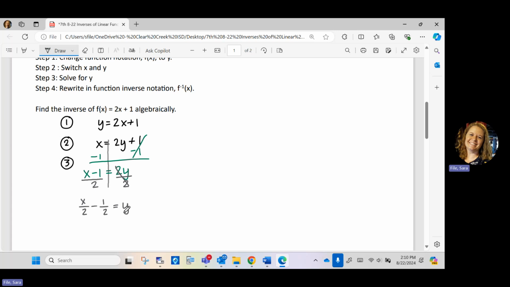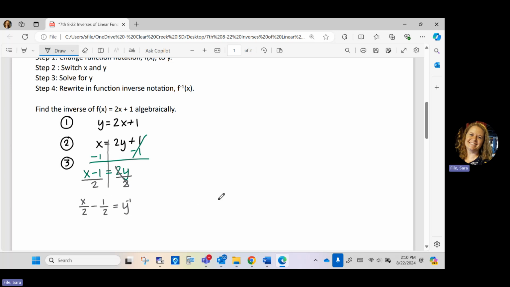Now we've isolated our y, but we need a way to indicate that this is not the original y. This isn't just y. This is the inverse of y. So I'm going to use that little -1 exponent that I showed you a second ago. So that indicates this is the inverse of y. Y was 2x plus 1. The inverse of that is x over 2 minus 1/2.